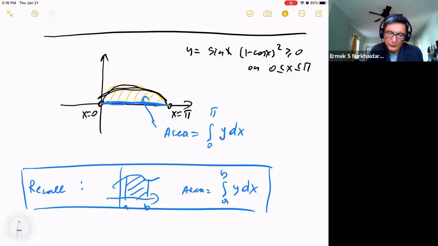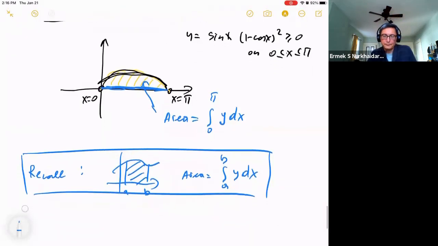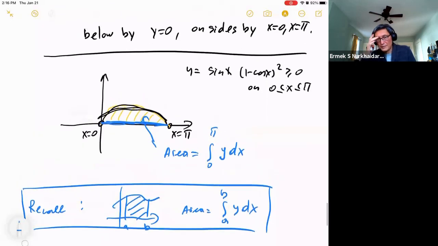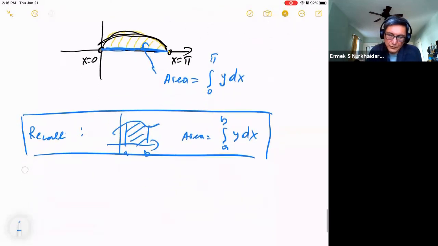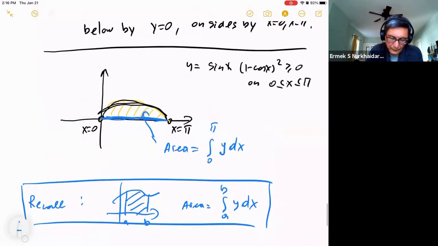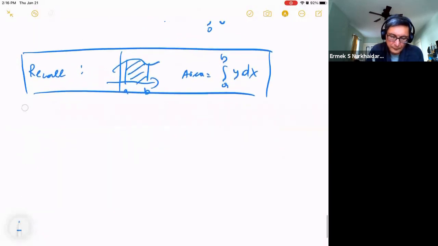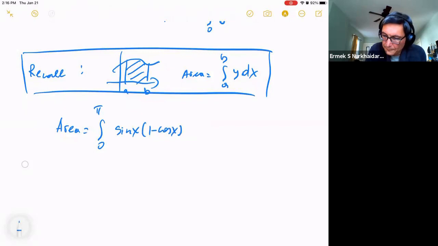So that's exactly what we do. In our case, area equals integral 0 to pi, function sine x times 1 minus cosine x squared dx.